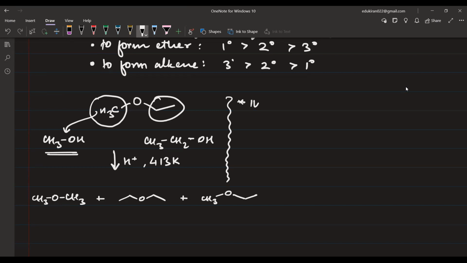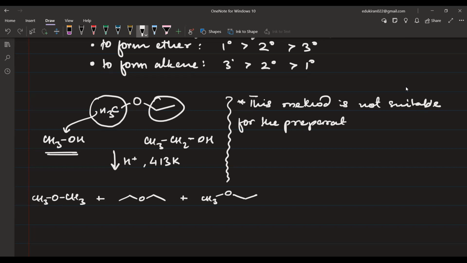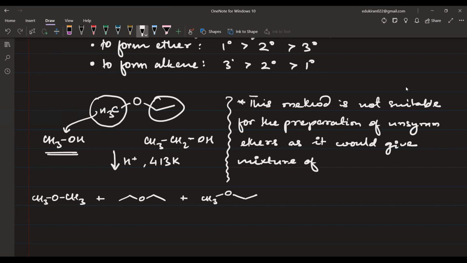Please write: this method is not suitable for the preparation of unsymmetrical ethers, as it would give a mixture of ethers difficult to separate.